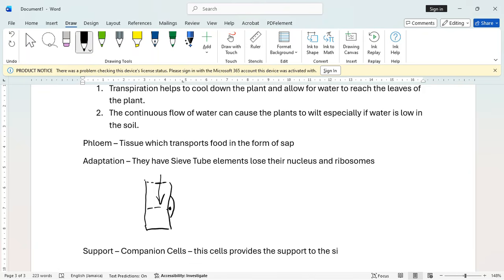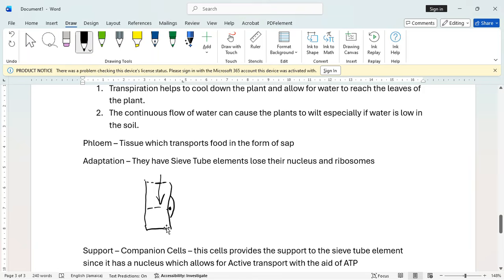So it provides the support, the sieve tube element, since it has a nucleus, which allows for active transport with the aid of ATP.